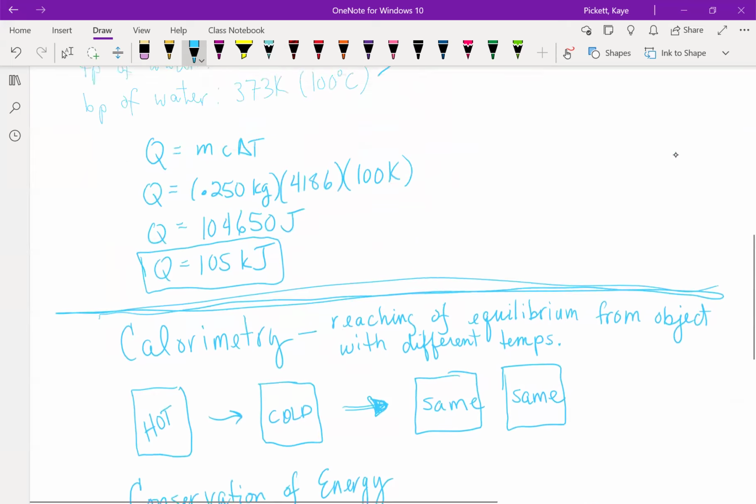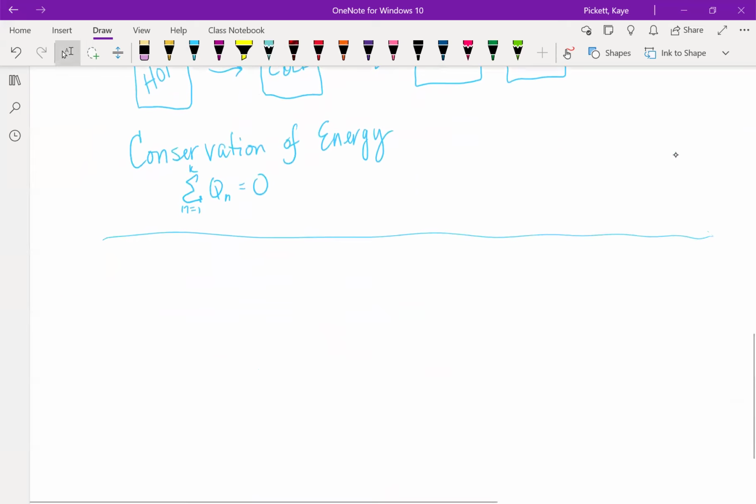So now we know that water takes a lot. So let's suppose I have 40 grams of, I'm going to use aluminum because I know its specific heat is 900. I've got that off because I wrote that up there earlier.